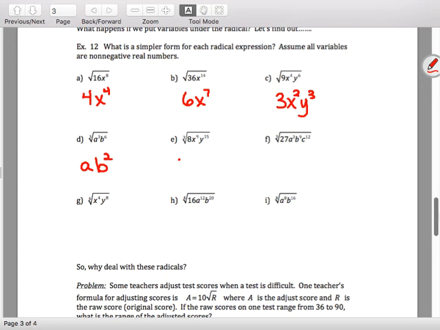I know the variables would be 3 and 5. For the 8 though, look at your pink paper. Look at the cube paper. 2. Yeah, bingo. You got it. So that's 2x cubed y to the 5th. All right, you guys try F through I. Do as many of them as you can.